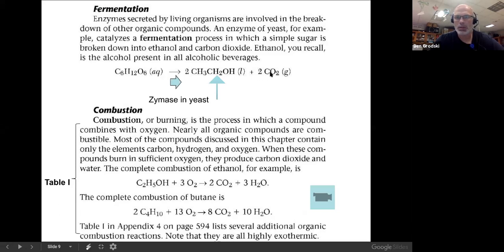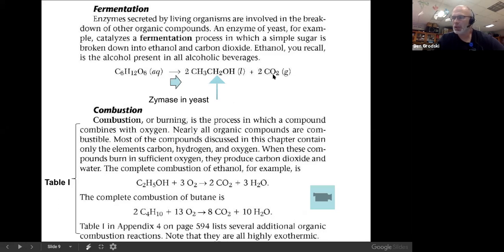Remember, CO2 is the most oxidized form of carbon. So glucose gets oxidized, and we know that NAD plus grabs some electrons and hydrogens, and those NADs get recycled. So it's more than just one step here, okay?